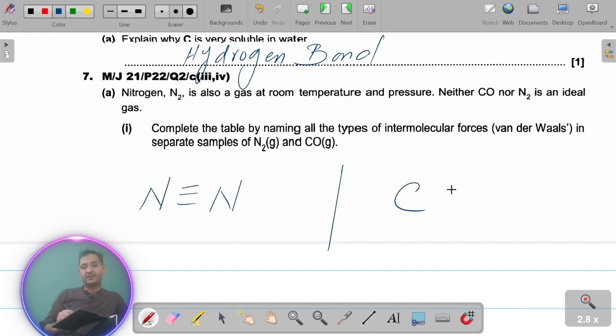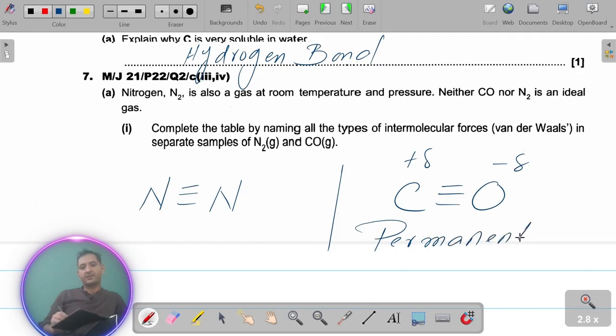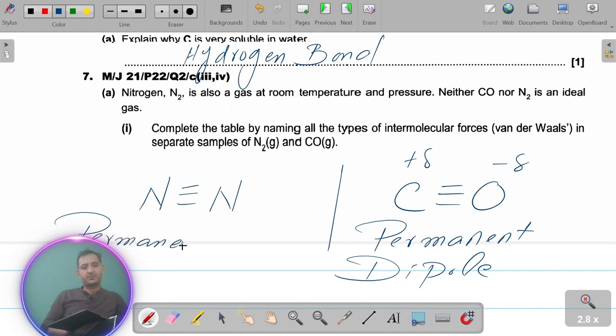But if we see carbon making a triple bond with oxygen, oxygen is electronegative and carbon is electropositive. So it is a permanent dipole, and nitrogen is permanent non-polar.